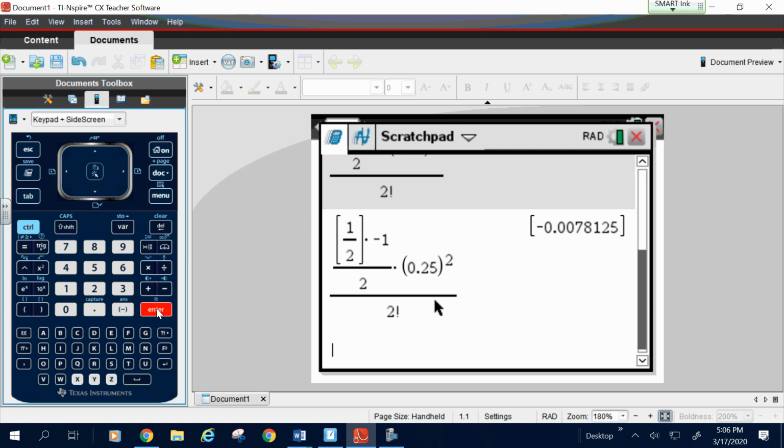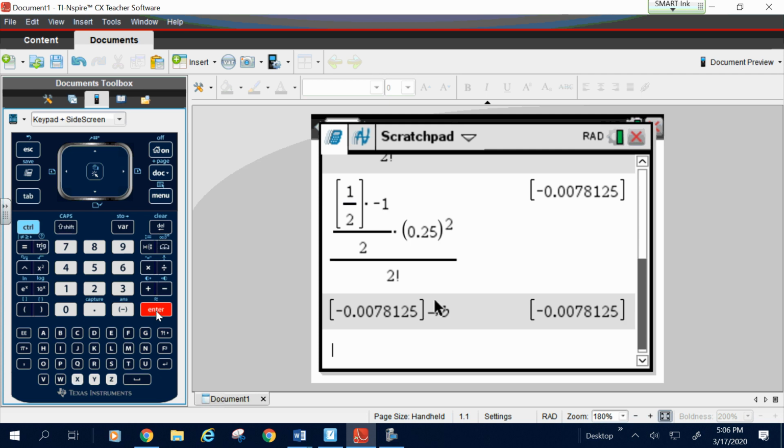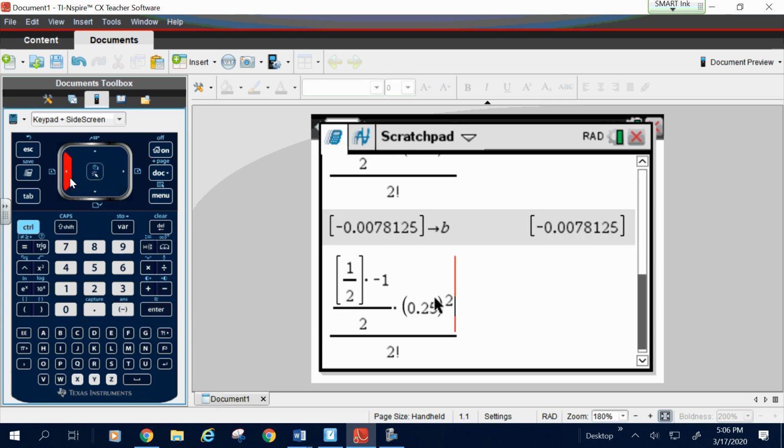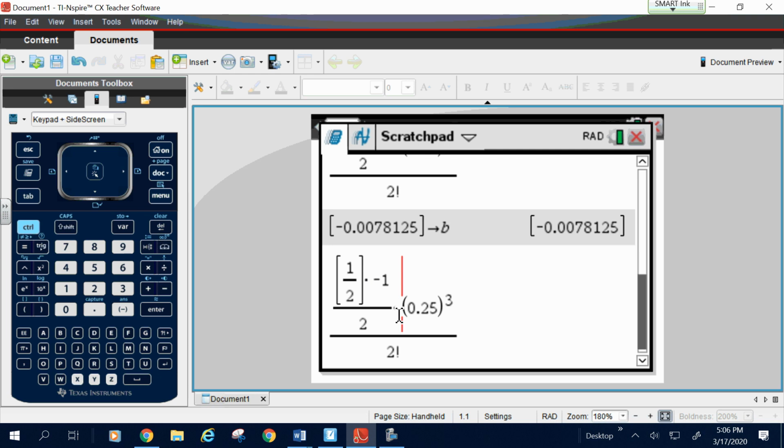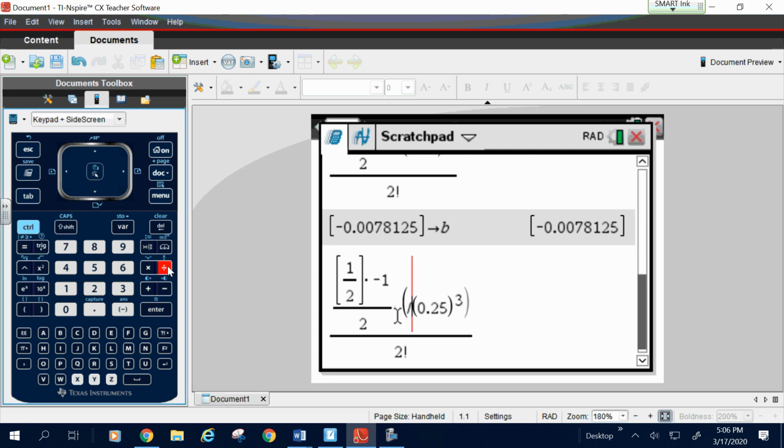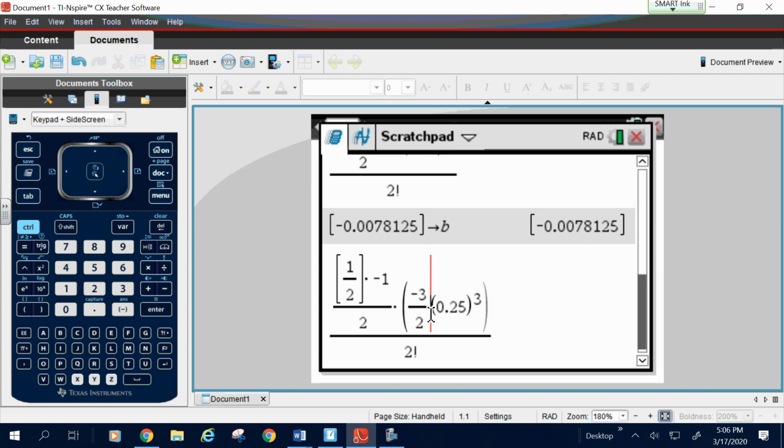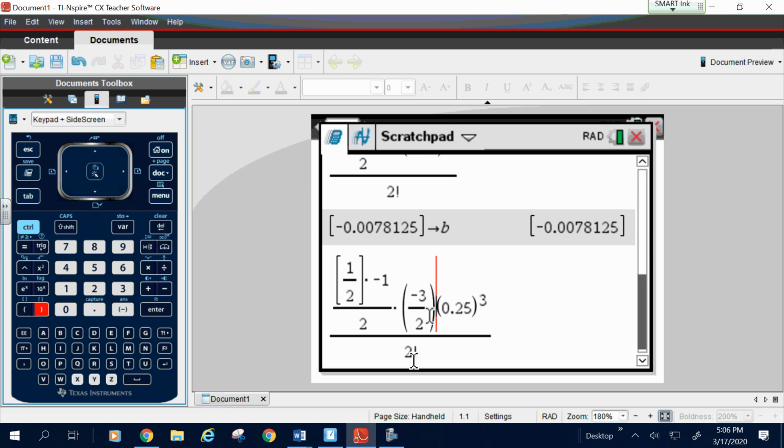So I'm going to store that because, again, I'll need that later. But now I'm going to recall and find the next term. So a couple changes. First of all, I'm going to change the exponent to 3. And second, I'm going to add in a new fraction of negative 3 over 2 and change the denominator to 3 factorial.